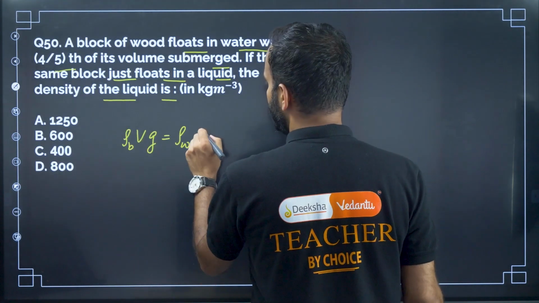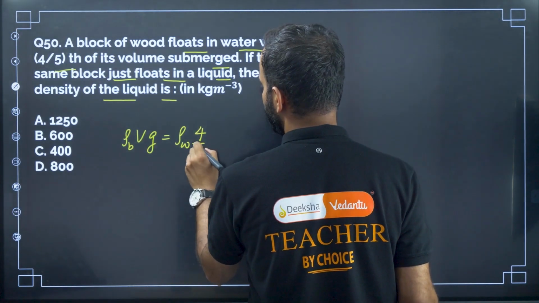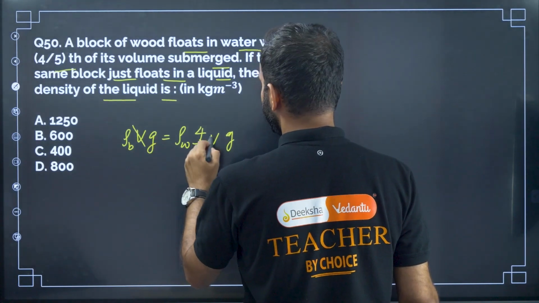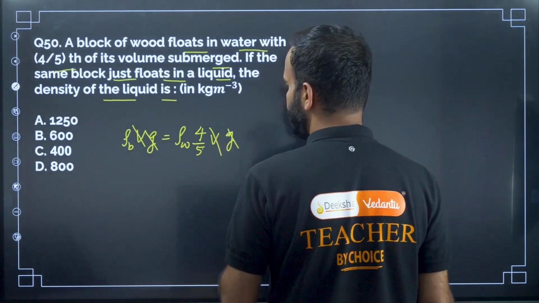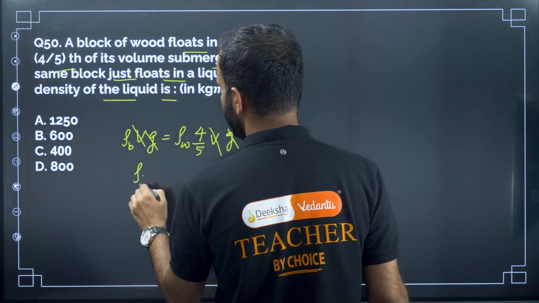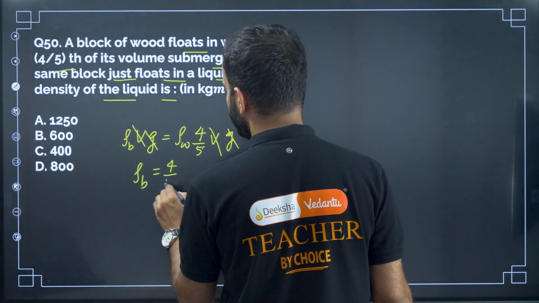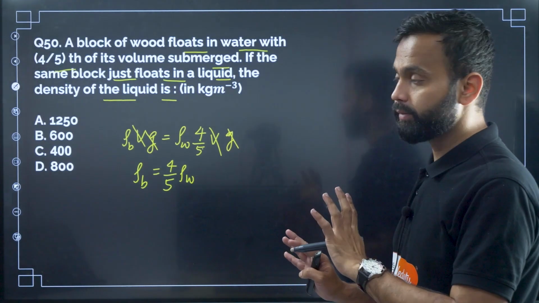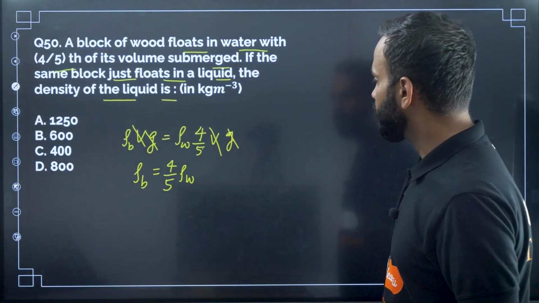So that will be 4/5 times V into g, right? Now V will get cancelled, g will get cancelled. So now density of the block is equal to 4/5 times density of the water.